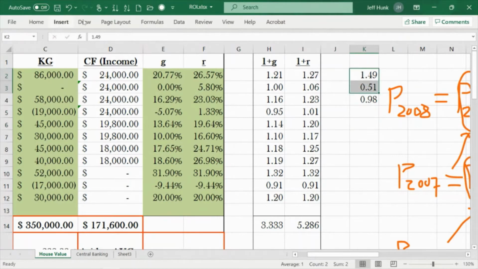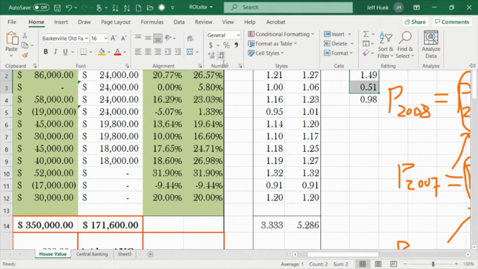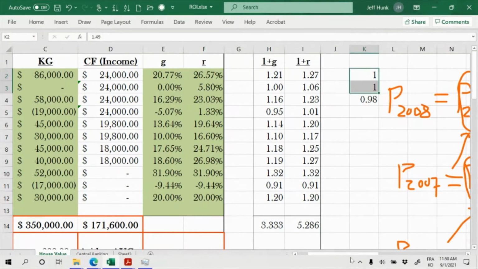But suppose you leave this rounded. If you round it, they are going to be all 1. You understand? Isn't this crazy? A difference of almost 1 is a huge difference, right?